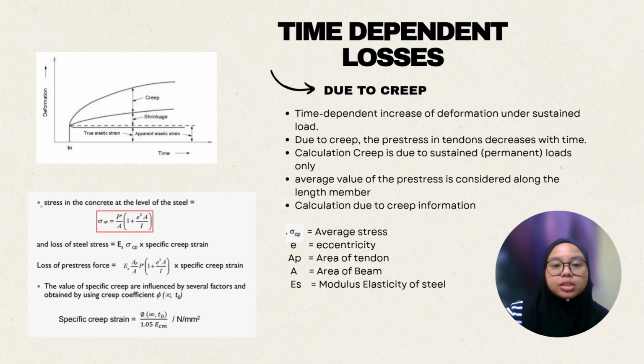We can consider the stress in the concrete at the level of the steel, where A is the area of the beam and I is the moment of inertia. And for the loss of steel stress, Es is the modulus of elasticity of steel, multiplied by the average stress and also by the specific creep strain. The value of specific creep is influenced by several factors that I already stated, and is obtained by using the creep coefficient.